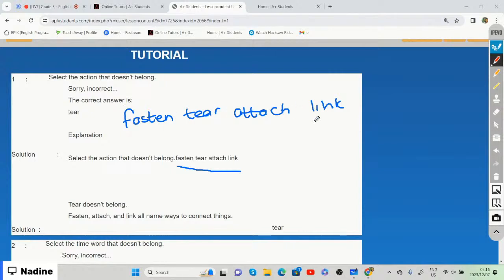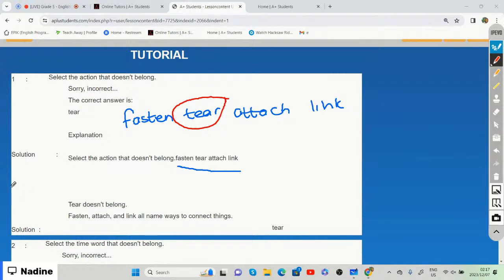So if we look at these words, which one of these words does not belong? Which one does not mean anything to do with fastening? It shows linking. It's almost like something that is connected. And yes, tear does not belong there, right?